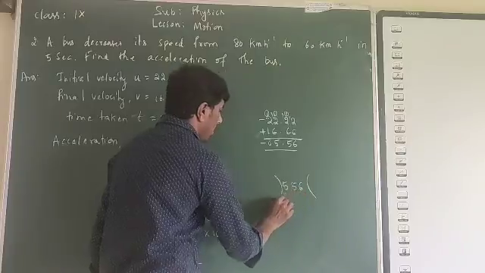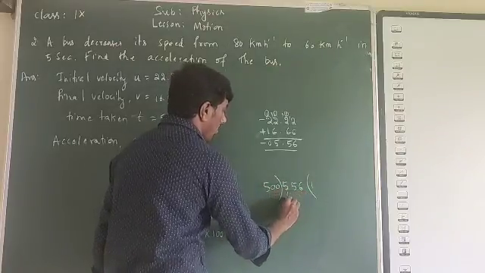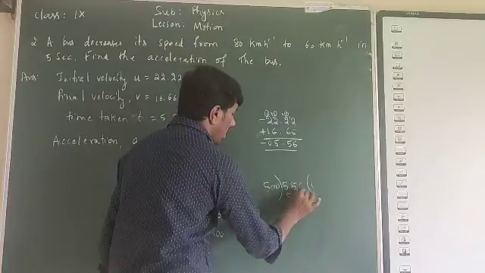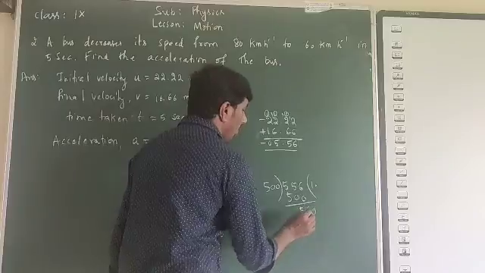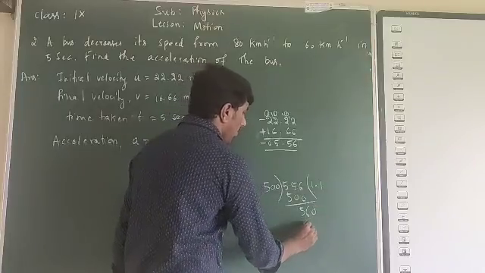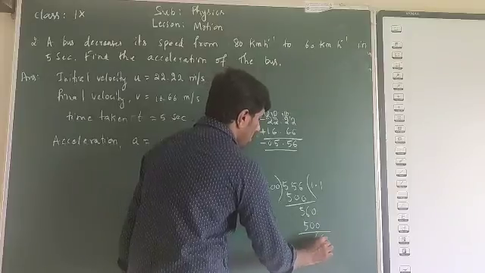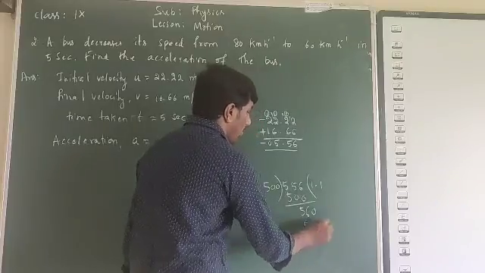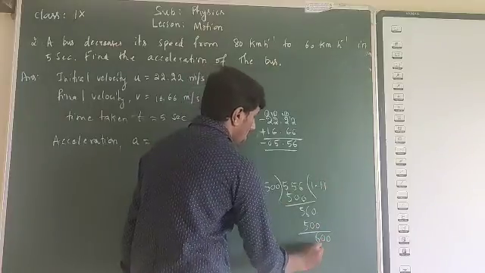556 divided by 500. So 500 ones are 500. Correct? The remainder will be 56. Put the point 0. Again 500 ones are 500. The remainder is 60. Again we put a 0, so again 500 ones are 500.